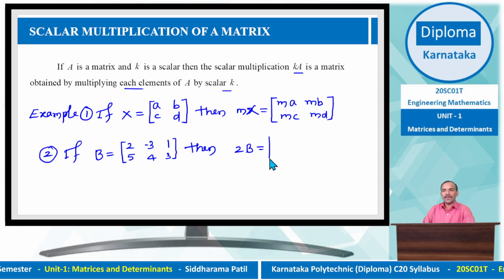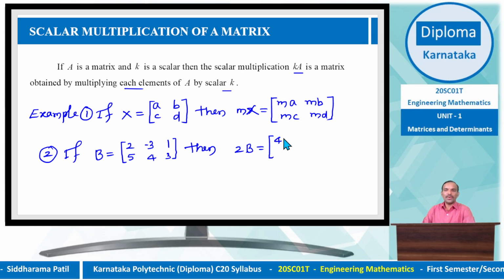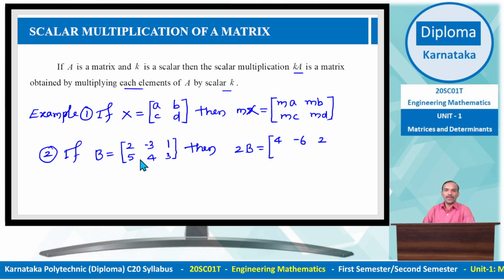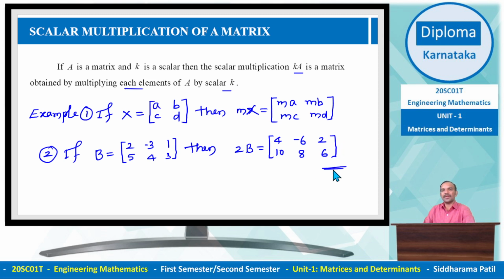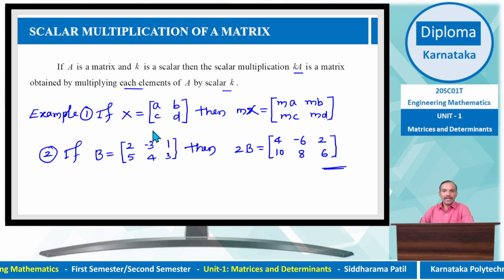You have to multiply each element of B by 2, each one by 2. The first element: 2 into 2 is 4, 2 into minus 3 is minus 6, 2 into 1 is 2, 2 into 5 is 10, 2 into 4 is 8, 2 into 3 is 6. These are examples of scalar multiplication. You have to multiply each element by that scalar. It is about scalar multiplication of a matrix.